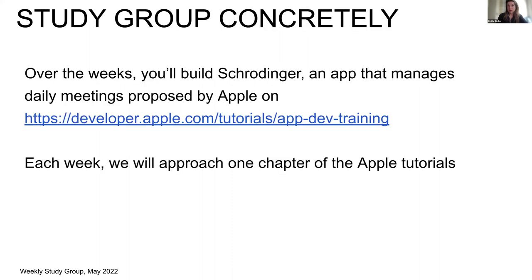The goal of this study group is to learn the basics of Xcode and SwiftUI, and to create an iOS app, the Scrumdinger application. As I already mentioned, we're following the tutorial, with one chapter each week, sometimes two weeks per chapter, depending. I prefer not to be too long, a maximum of one hour per week.